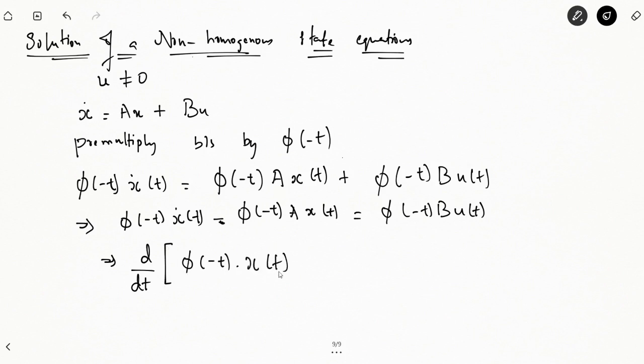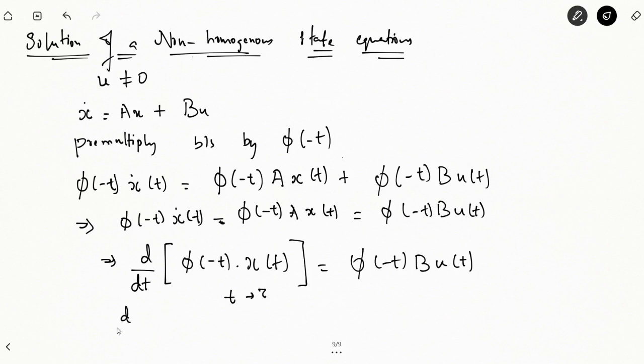So this is nothing but d by dt of phi of minus t x(t), as we did last time, is equal to phi of minus t B u(t). Fine. Now instead of writing t, I will write tau.